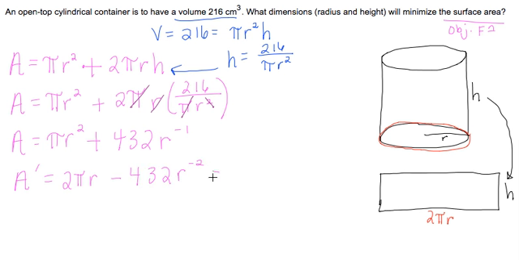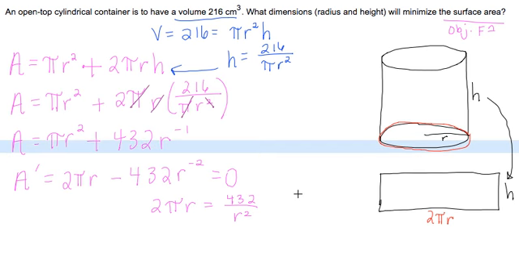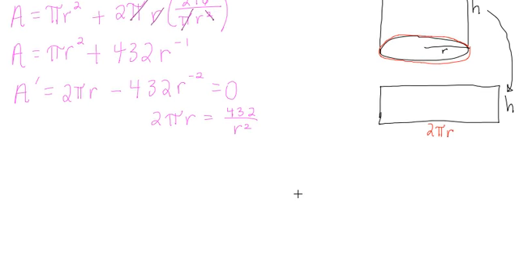We want to find critical values of that. So where does that equal 0? So we have 2 pi r equals, I'm going to move this term to the other side and write it as 432 over r squared, and then multiply both sides by r squared. Okay, so we'll have 2 pi r cubed is 432. Divide both sides by 2 pi.